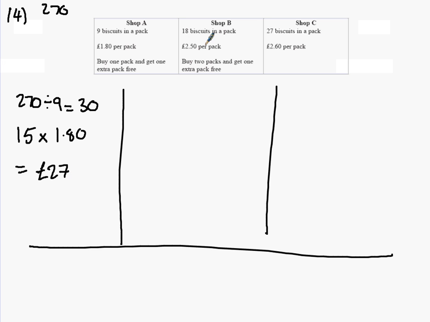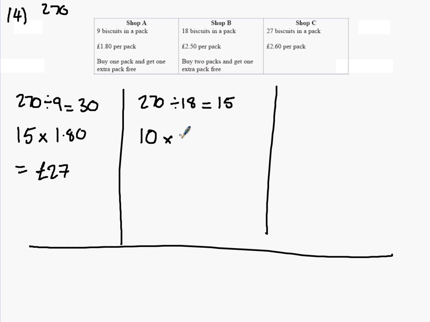The second one is then 18 biscuits in a pack. So we'll do 270 divided by 18 this time. That will then give us 15 packs. Buy 2 packs and get 1 extra pack free. So if we buy 2 packs, we in fact get 3 packs. So if I buy 10 packs, I'll get 15 packs because I'll get 5 free.